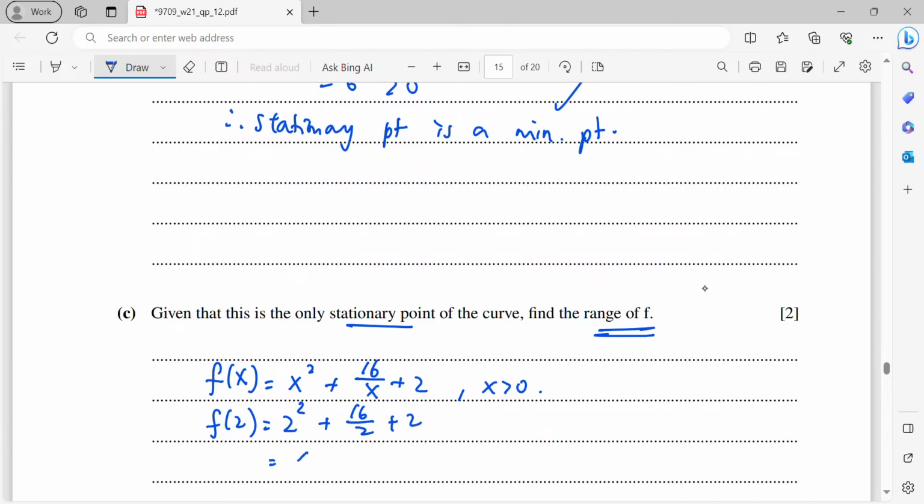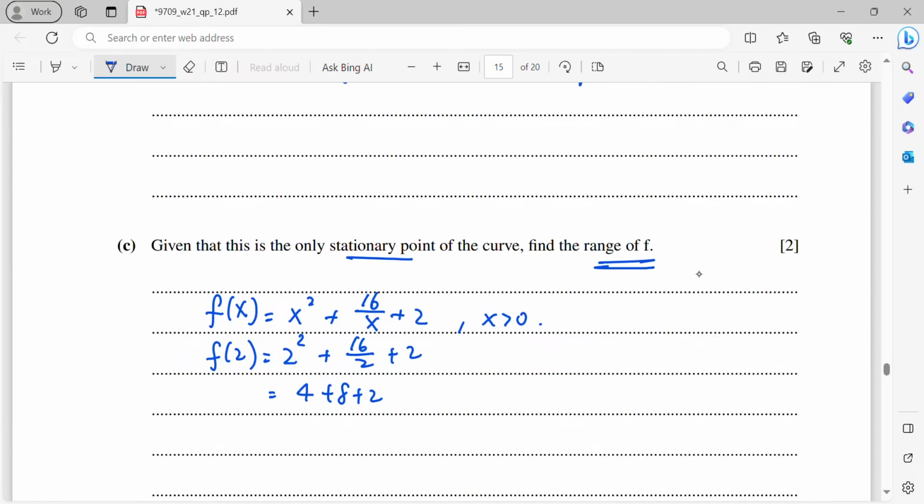Therefore, you get 4 plus 8 plus 2, and lastly you get 14. Which means this is the minimum y, because the point is a minimum point. So since this is the minimum y value, my range of f is going to be f(x) at least 14.